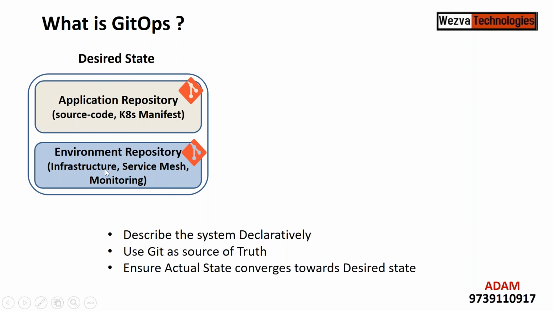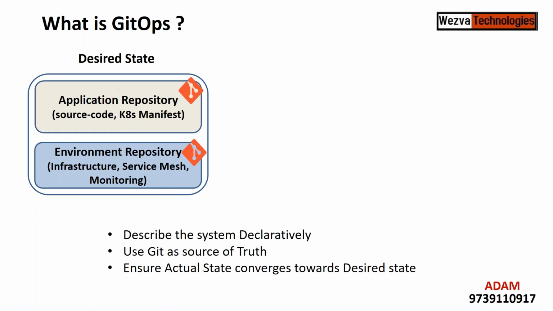Depending on whether you are telling something about the environment or about your application, like I said, you put the changes or the exact configurations of how your desired state will look in the Kubernetes cluster into this respective repository.